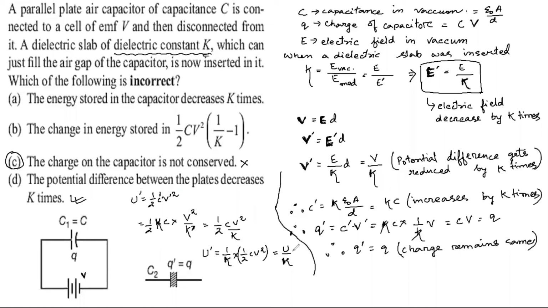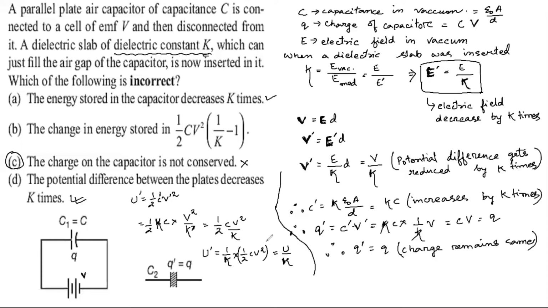Here what we have seen is that the energy stored in a capacitor when a dielectric slab is inserted also gets reduced by K times. So option A is correct: energy stored in a capacitor decreases by K times. And the change in energy stored is going to be seen.